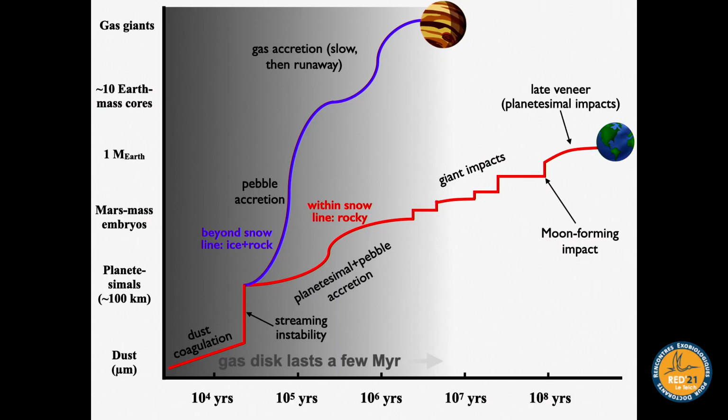This goes back to what I showed you last time, this very simple picture of trying to put together all the puzzle pieces for how we think Earth grew and how we think Jupiter grew. I'm not going to have them all pop up at separate times like last time, but you can see the general cartoon version of the growth trajectory we have in mind for Earth and Jupiter.